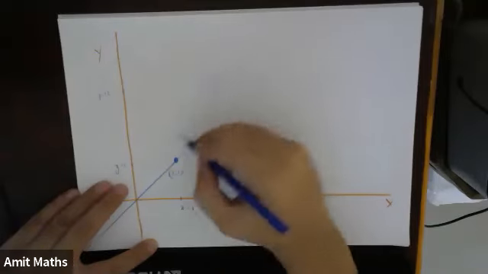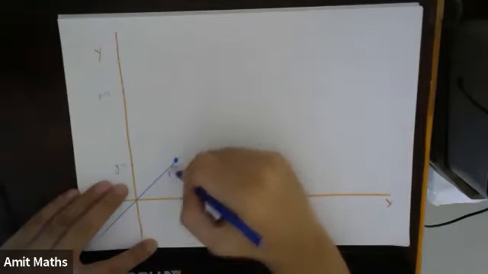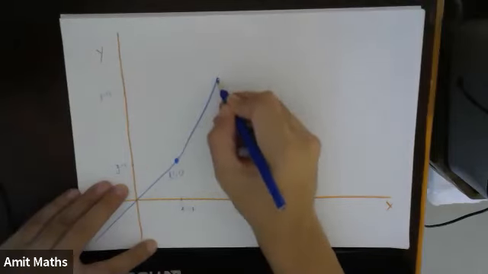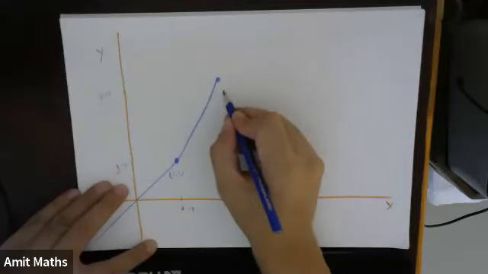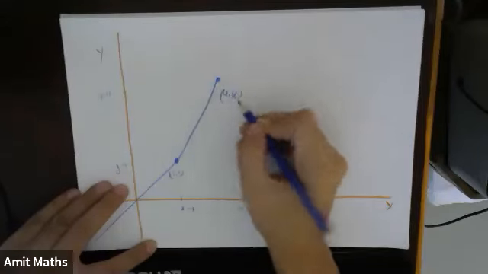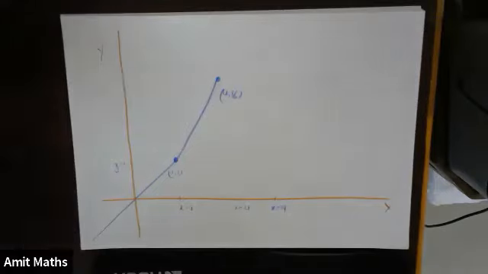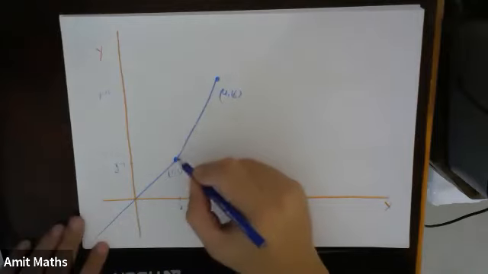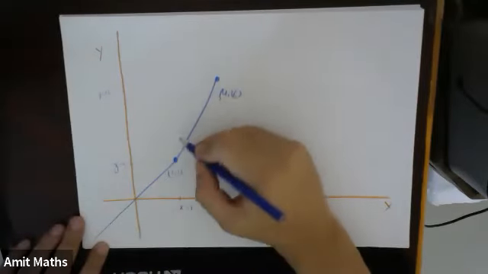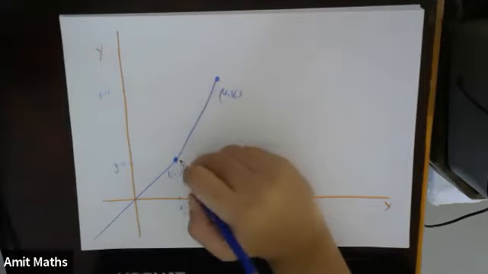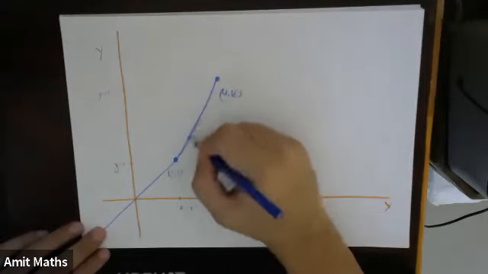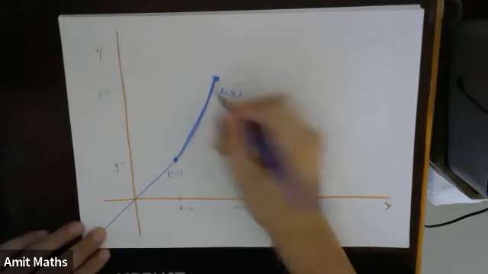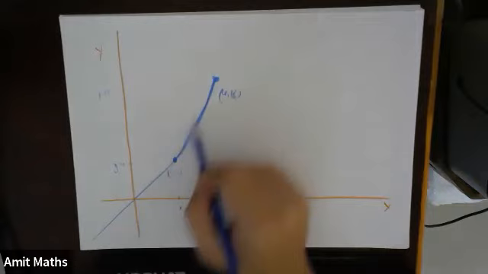The graph will be some curve. This point is (4, 16). So for the second part, we have drawn the graph. So this is a straight line, then it will be a curve. It looks like a straight line, but actually it is a curve.